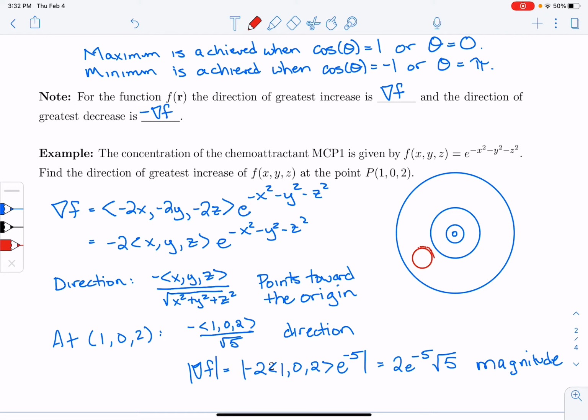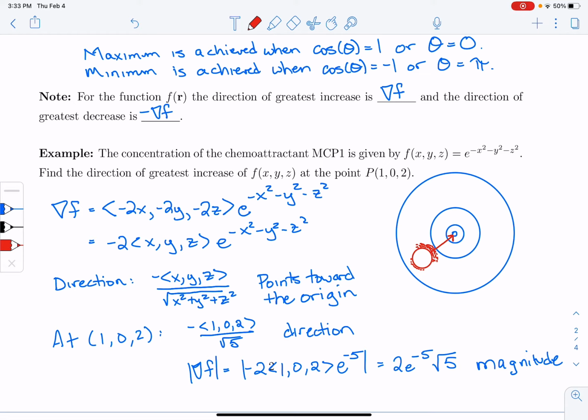It's going to note that the concentration on this side of the cell is larger than it is on the other side. And so the cell is going to use that information to compute a gradient, and that gradient is going to point it in the direction of the source of this chemoattractant.